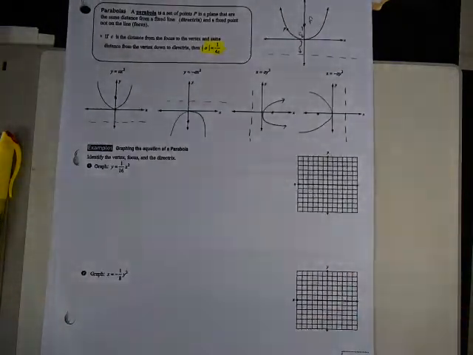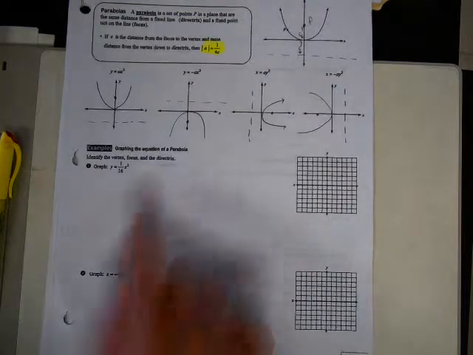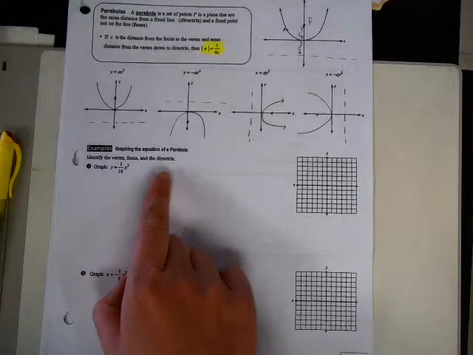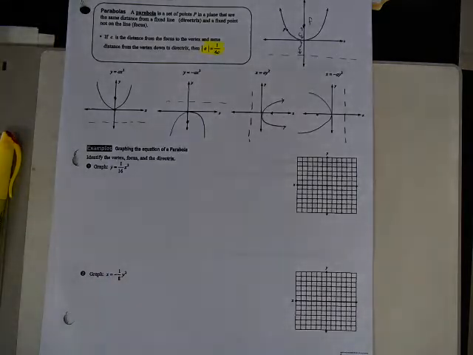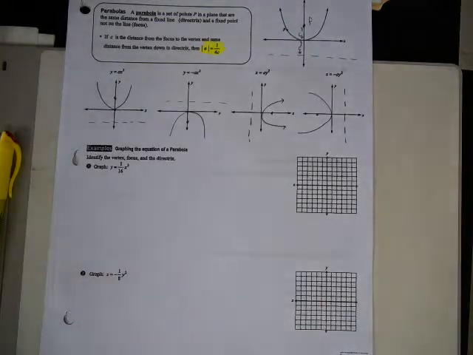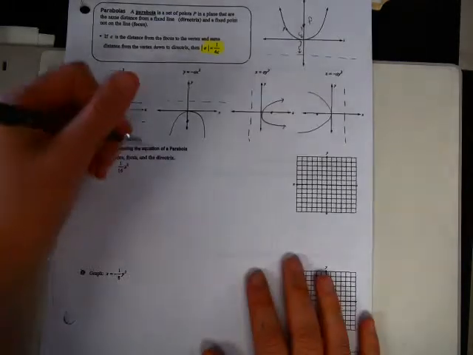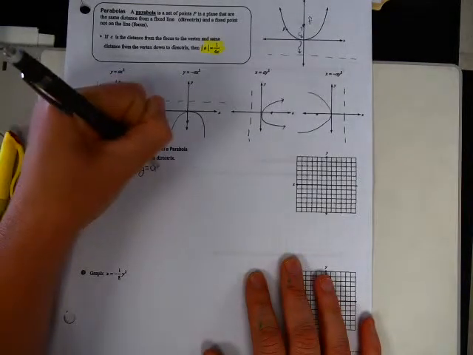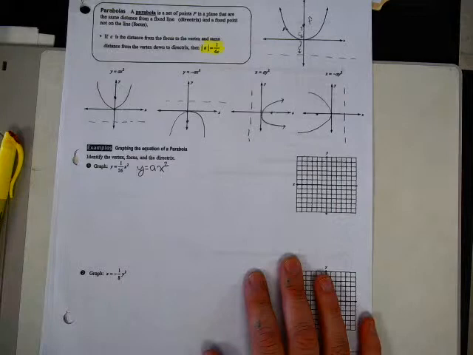So first, we're going to graph a parabola, and identify the vertex, focus, and directrix. The first thing I want to notice for this equation, y equals 1/16 x squared, is that it is of the form y equals ax squared.